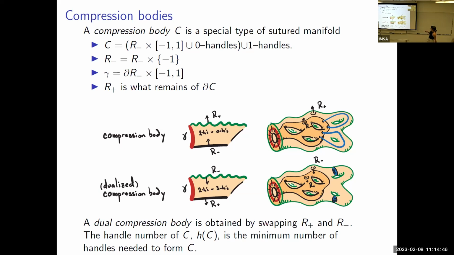This construction will be called a compression body, and this one a dualized compression body. This definition includes the standard compression bodies and handlebodies.